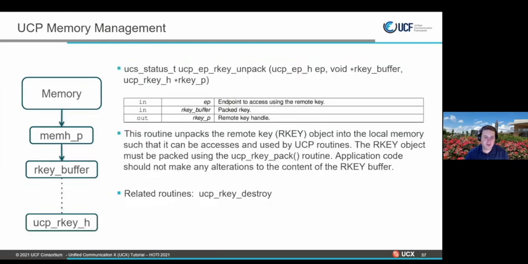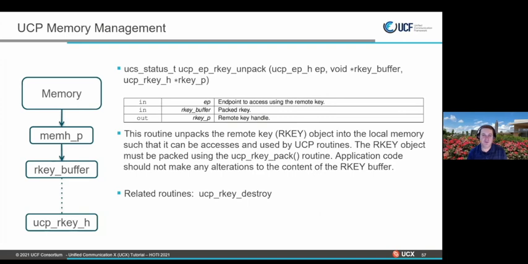On the other side, if you get one of these packed R key buffers, you have to take that. It might have multiple R keys that can be used with an endpoint, so you actually have to extract each of those individual R key buffer pointers. On the other side, you have this function called Ucp endpoint key unpack.